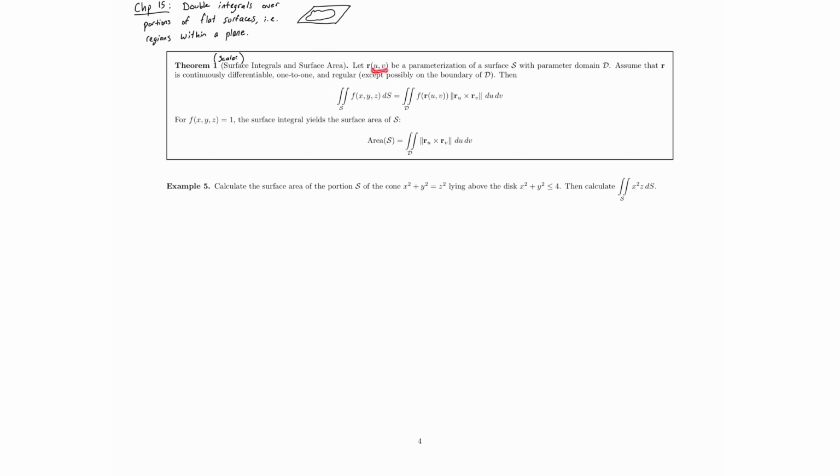Here we have two variables, so this is parameterizing something that's two-dimensional, which in this class we call a surface. So we make the replacement, replace each x, y, and z in our scalar function with the x, y, and z components of our parameterization, r of u, v. And then we are going to multiply with the magnitude of the cross product of our partial derivatives.